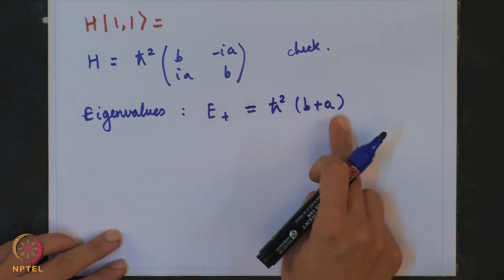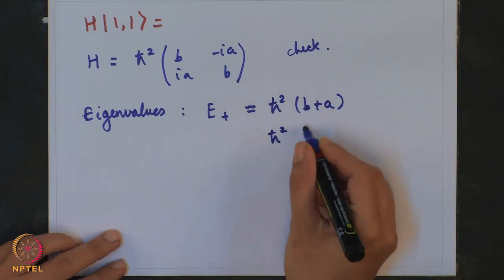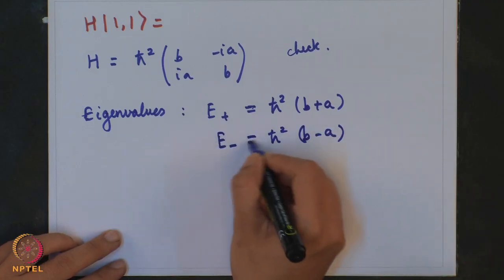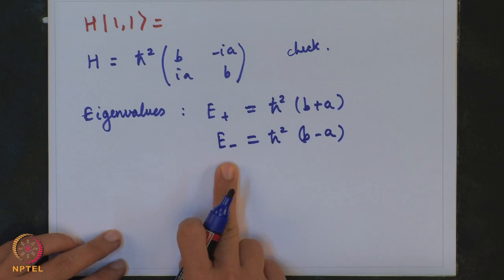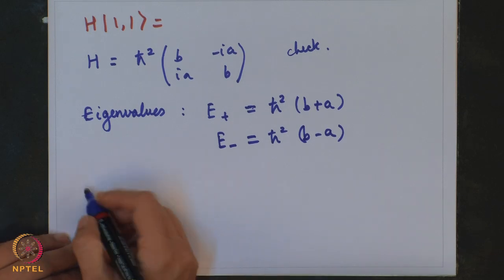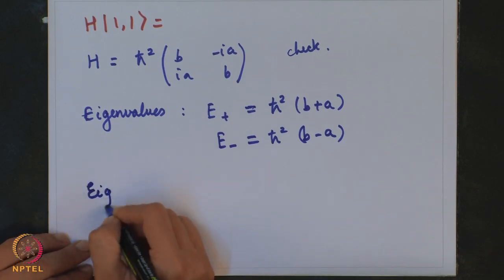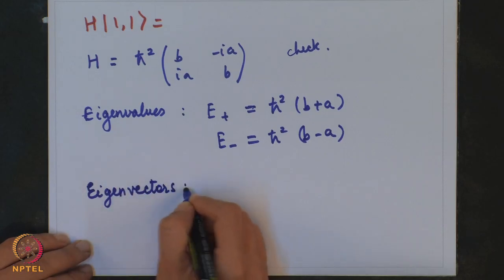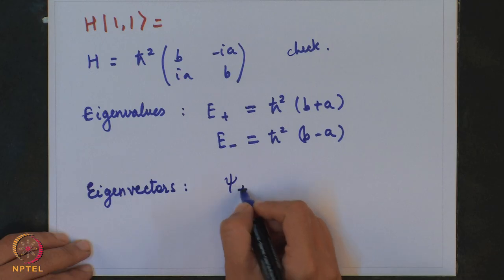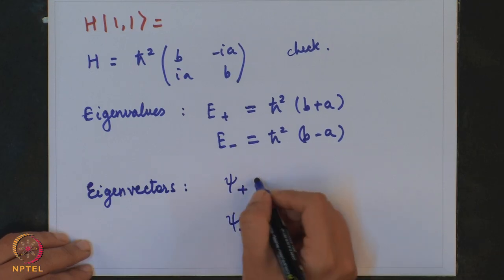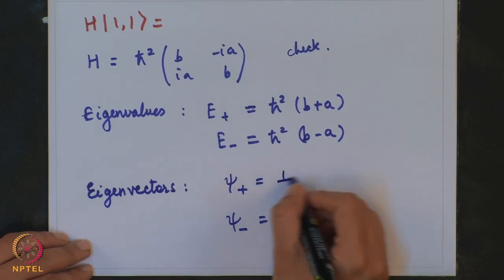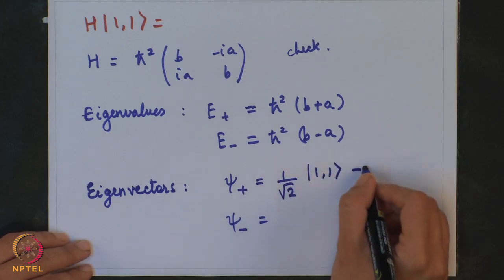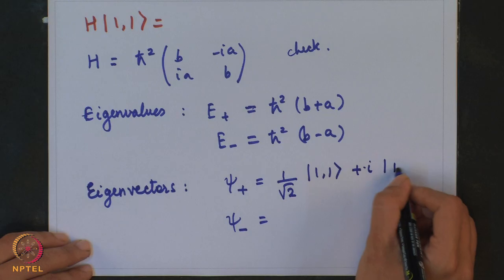So, this is one eigenvalue and the other eigenvalue is H cross square (B minus A). I call this E plus, I call this one E minus, and the corresponding eigenvectors or eigenkets, I call one of them psi plus, the other psi minus. So, you can check by yourself that one can obtain this result.